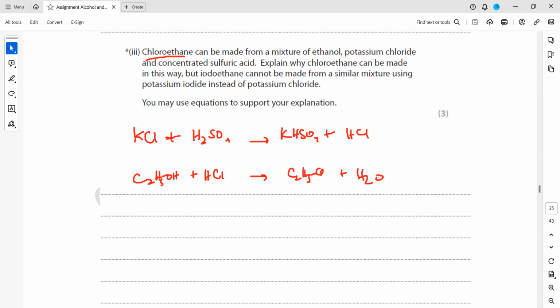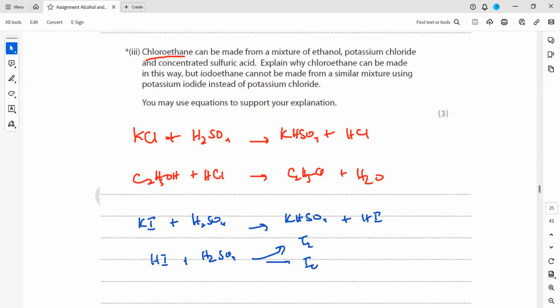But what is the disadvantage if you use the same method? For example, if you use potassium iodide and sulfuric acid, first there will be an acid-base reaction. It will produce potassium hydrogen sulfate plus hydrogen iodide. But iodide is a good reducing agent. So when it reacts, it will produce iodine plus it may reduce the sulfur to lower oxidation states, such as sulfur dioxide, or it may produce hydrogen sulfide.